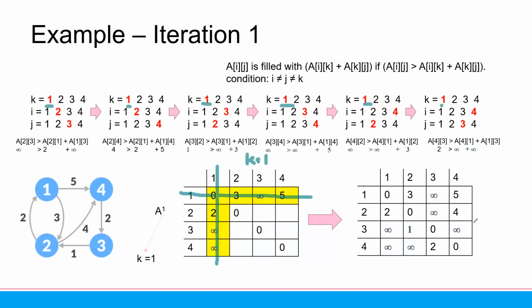And we try to find the other cells, and we are going to update them. So how to update it? As I mentioned before, we will check if it is infinite with 2 plus infinite. So we need to find what will be the minimum one.